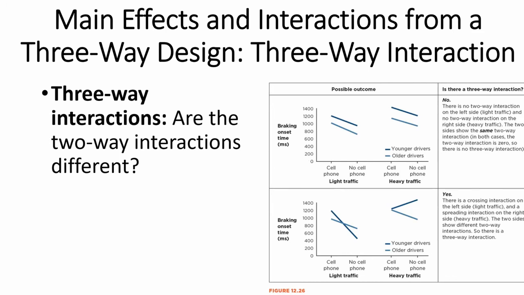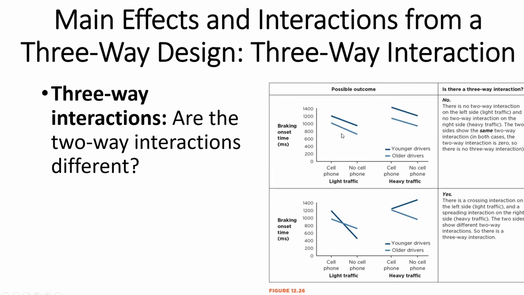And so we can have two main interpretations here. Is there a three-way interaction? If we look at all three of our independent variables represented on a graph, or in this case, two graphs, so we can see them side by side, is there an interaction? Is there a difference between this one and this one?